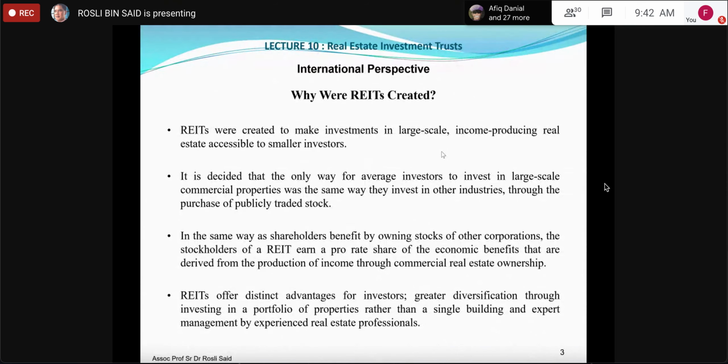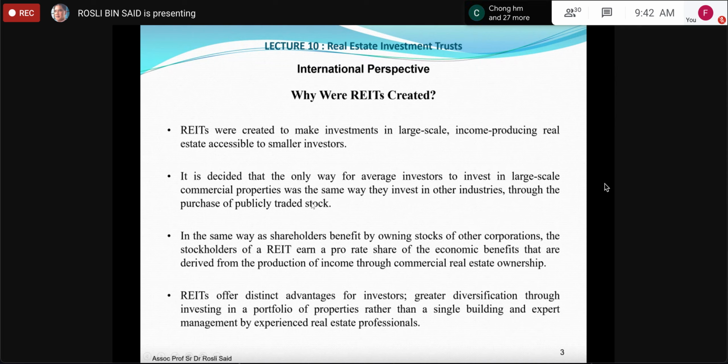Like I said just now, we as smaller investors are not companies; the majority are individuals. If we can afford to purchase a single unit, we still cannot afford to purchase a shopping hypermall, for example, because the price is so high, 200, 300 million. So usually we can purchase that mall by purchasing REITs, that particular company.